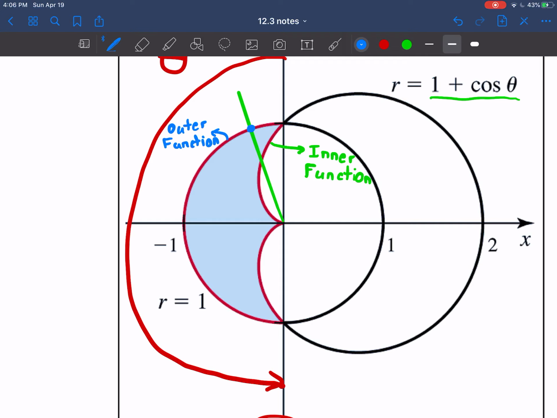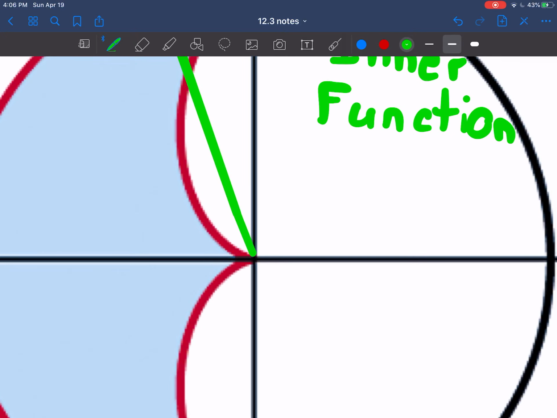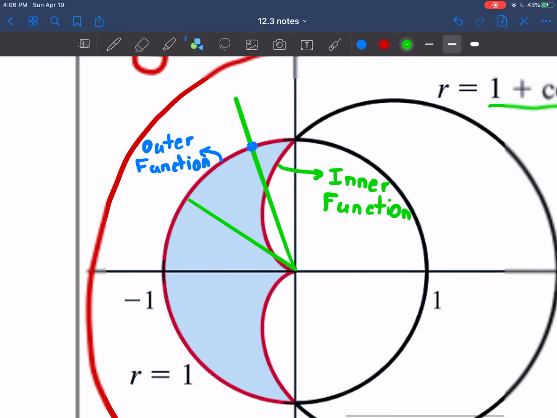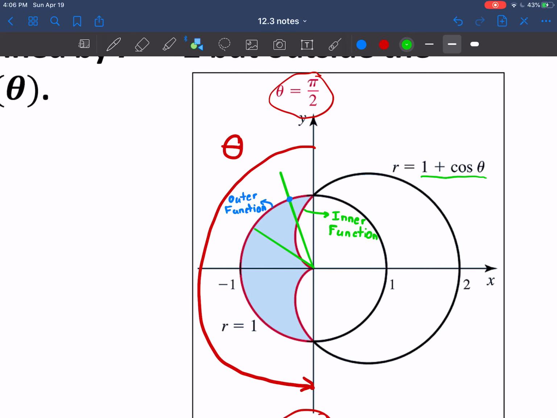And no matter what radial line I draw, if I were to zoom in close enough, there would be a small portion of area where I am not in my region immediately. And so the idea is that my inner function will always be this cardioid, and my outer function will always be the circle.